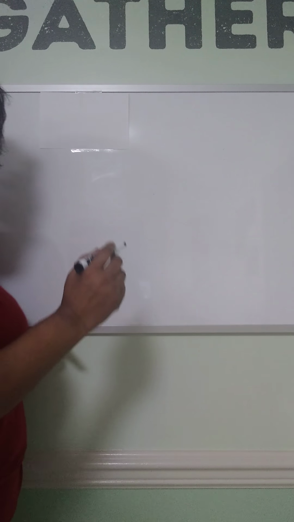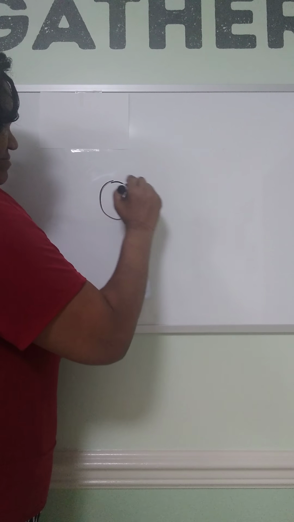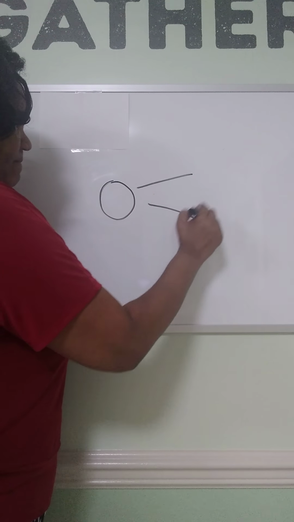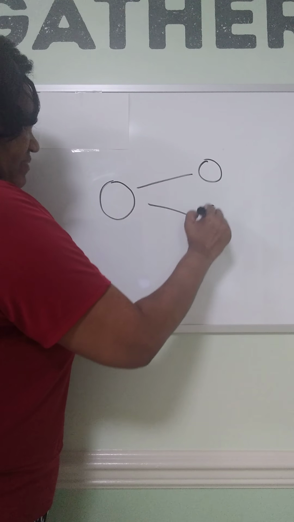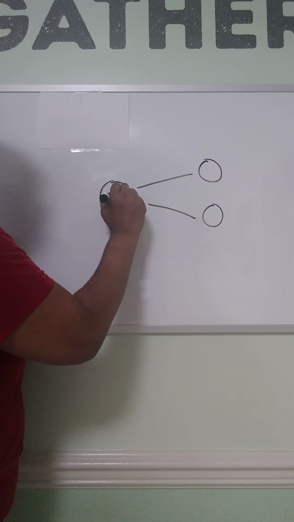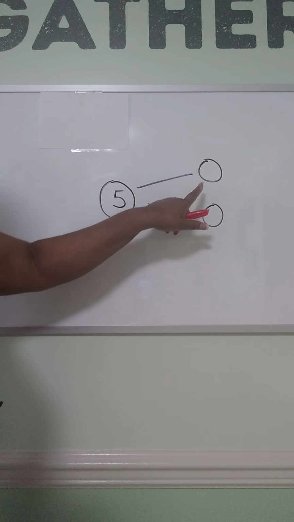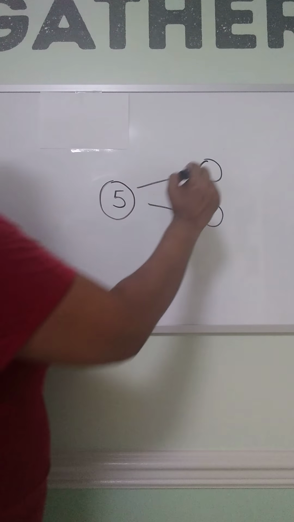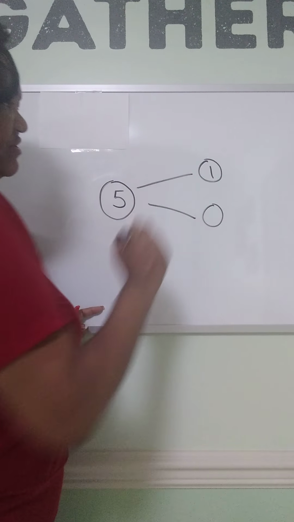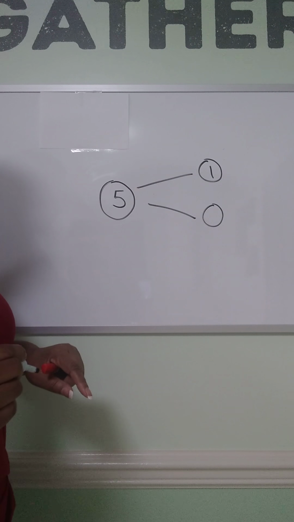Okay? So let's say we have our number bond. And our whole number, let's say, is going to be 5. We're going to put a 1 in this smaller circle. That's one of our part numbers, okay?